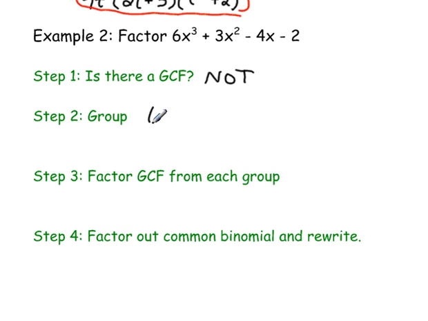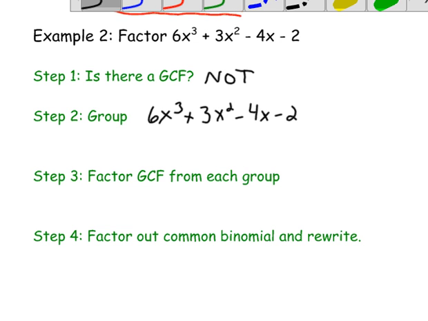which means I'm going to just rewrite it here. 6x to the third plus 3x squared minus 4x minus 2. Now, I'm going to group these. Let me give myself a little space here.